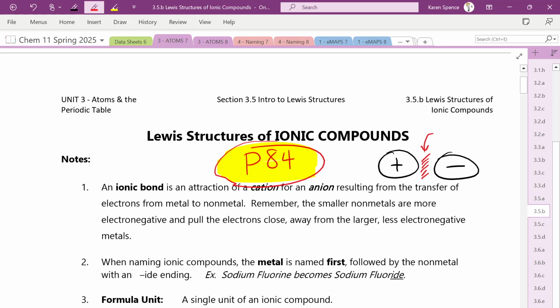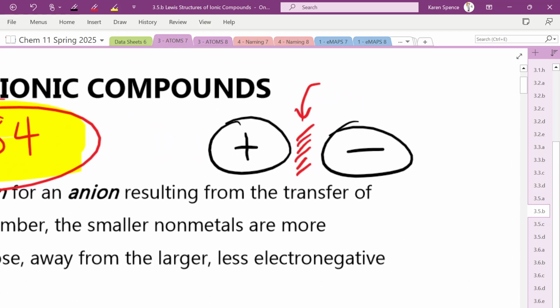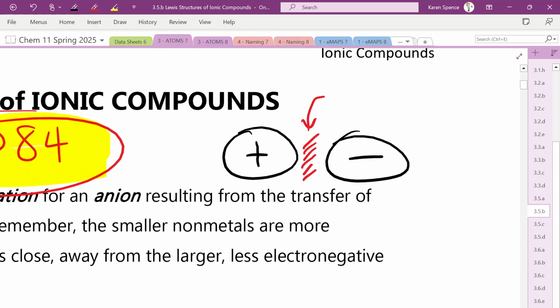Yeah, I know this. What is that? That is the bond compound. That is attraction. Yeah.